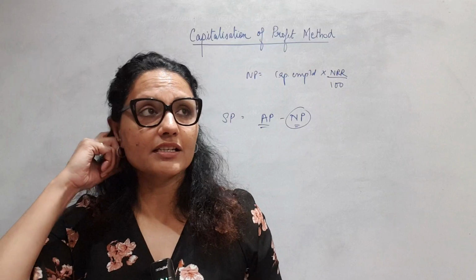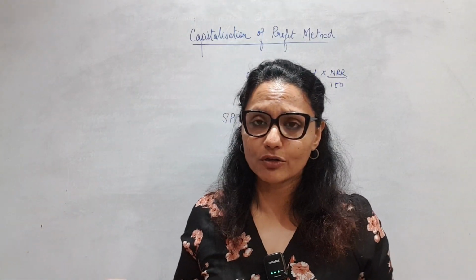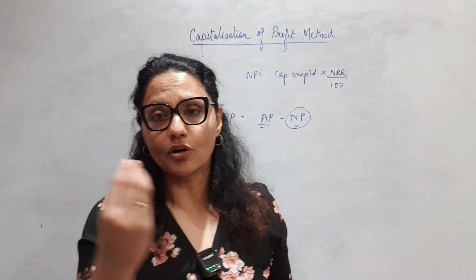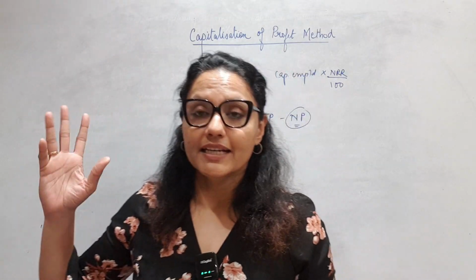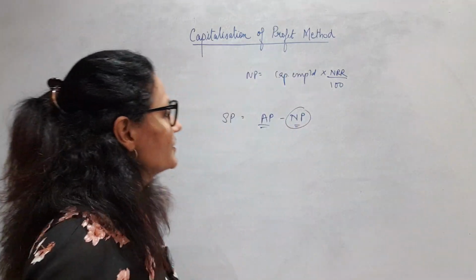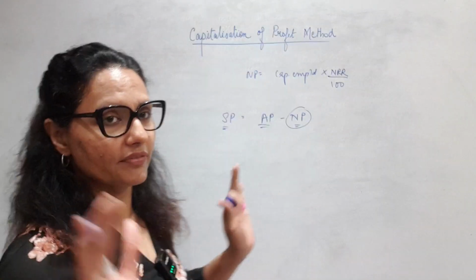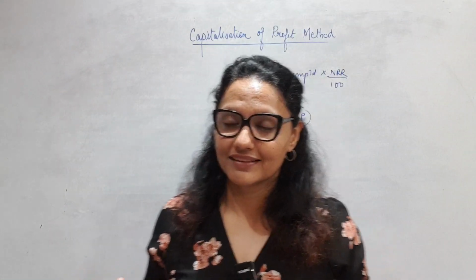Maybe normal profit is more than the actual profit. In that case, no super profit, obviously. You're not even getting the normal returns. Forget about super. In that case, goodwill will be zero. Anyway, so here we're talking about super profit, average profit, normal profit.